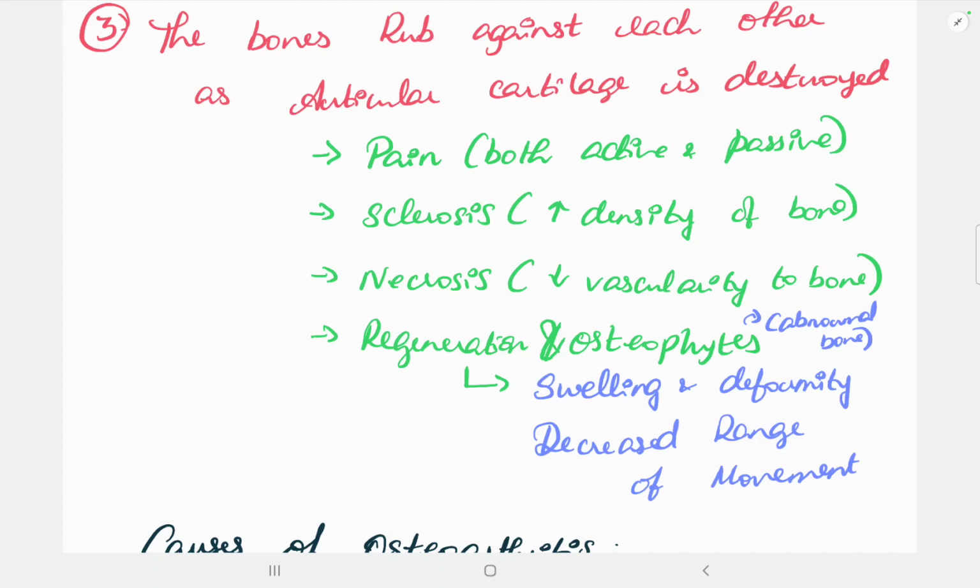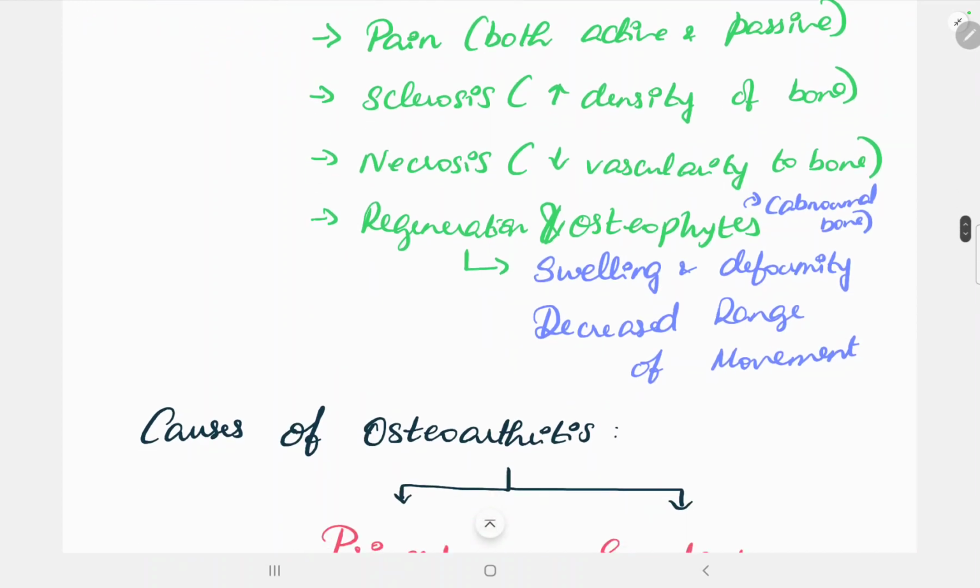Next, when the density of the bone increases, there is not enough vascular supply. So that leads to bone death, which is necrosis. Finally, this leads to regeneration. So when there is regeneration, there is formation of abnormal bone such as osteophytes. This will lead to swelling and deformity of the joint, and that in turn will lead to decreased range of movement.